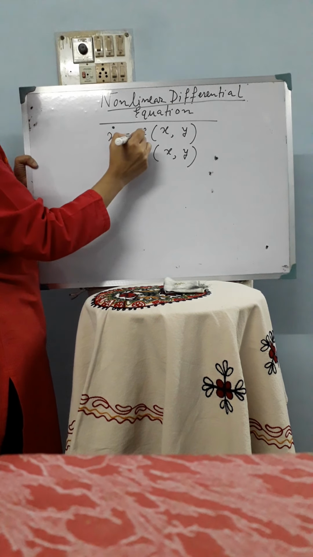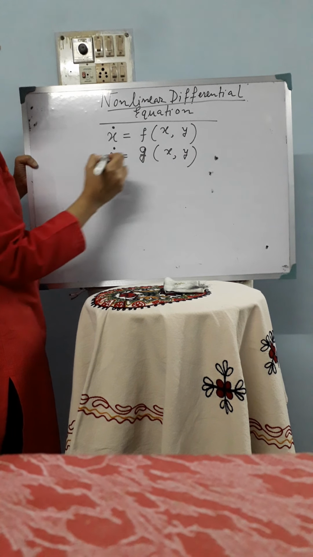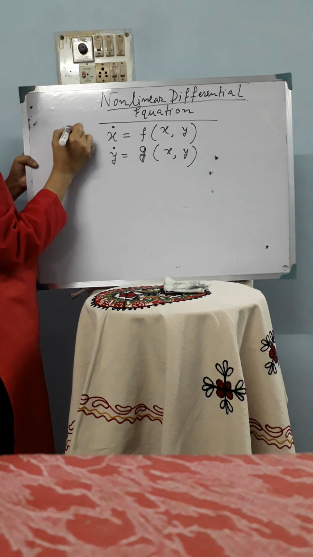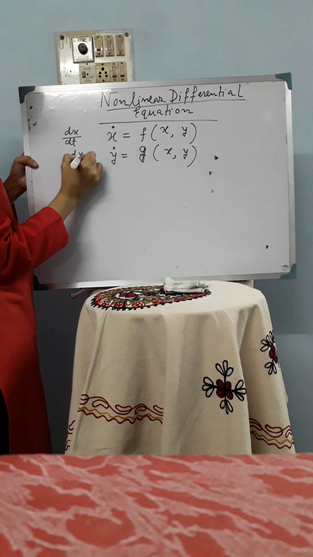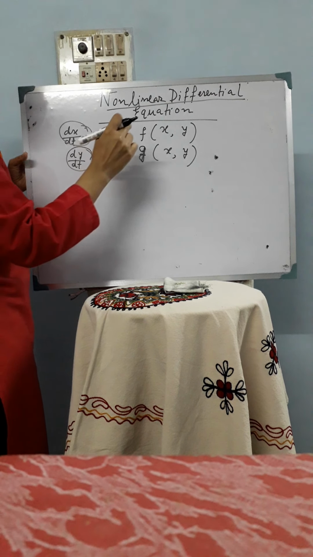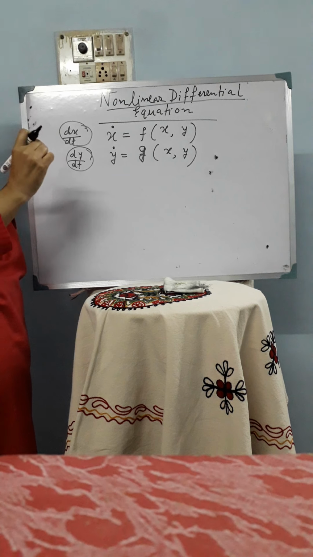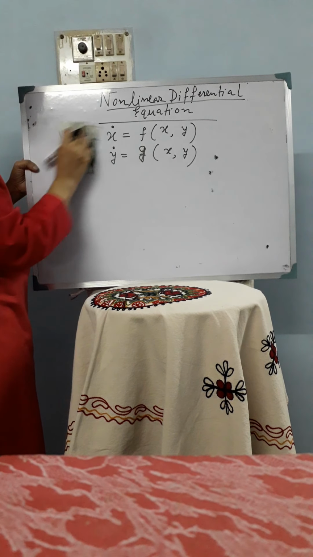So x dot is equal to f of x, y and y dot equals g of x, y, where x dot is dx/dt and y dot is dy/dt. So here the differential equation is not linear, but non-linear in nature.